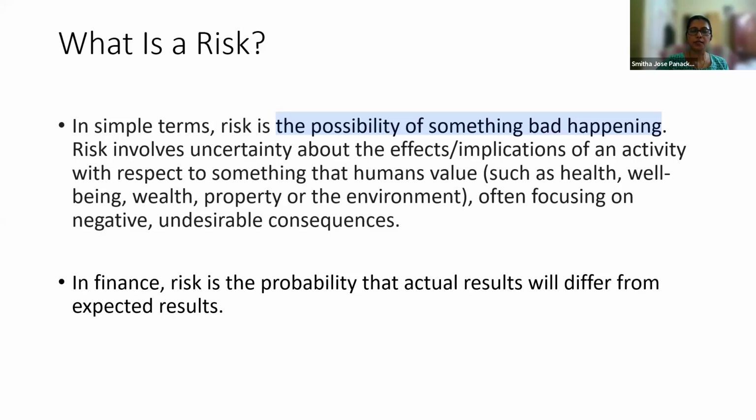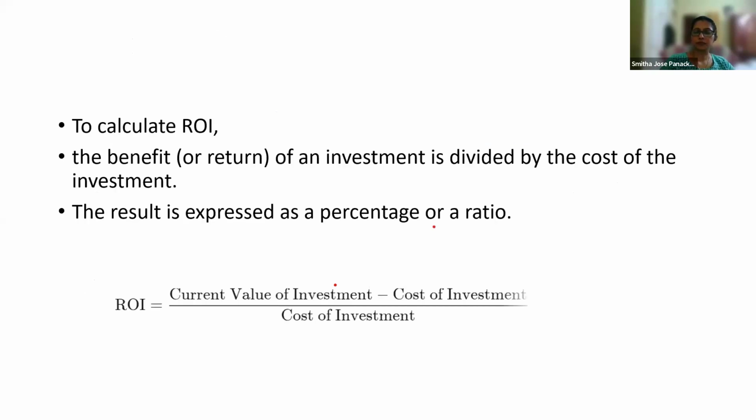That's why risk is inevitable with respect to returns. And in financial terms, how will you define risk? Risk is a deviation from the expected return, right? The actual return can deviate from the expected return. That is what risk is in financial terms.